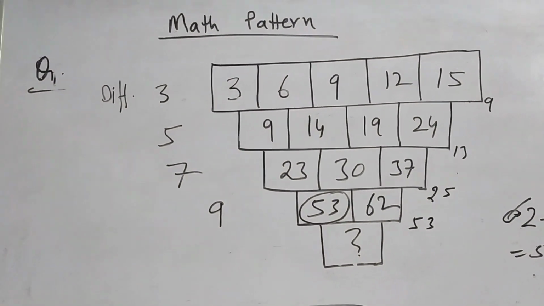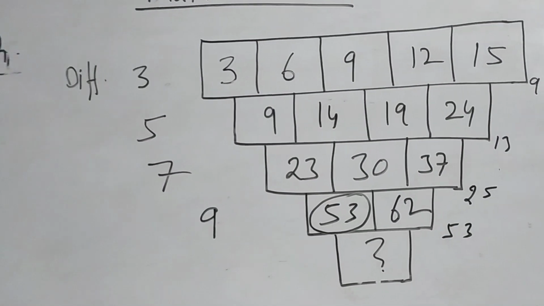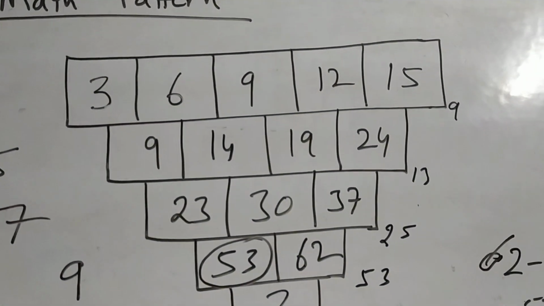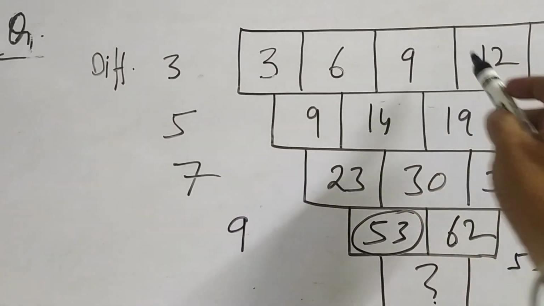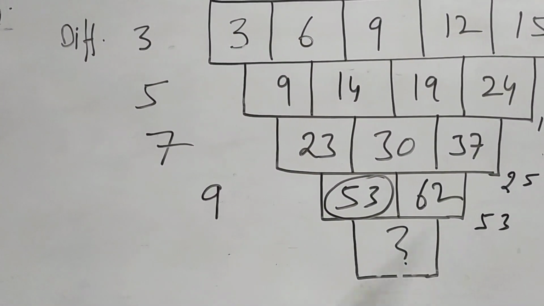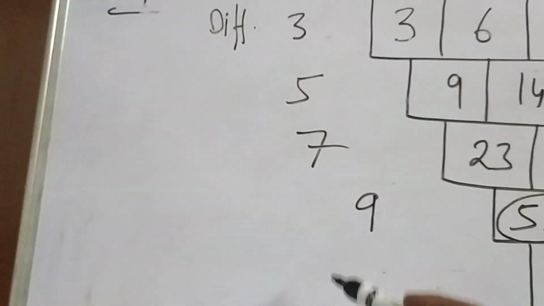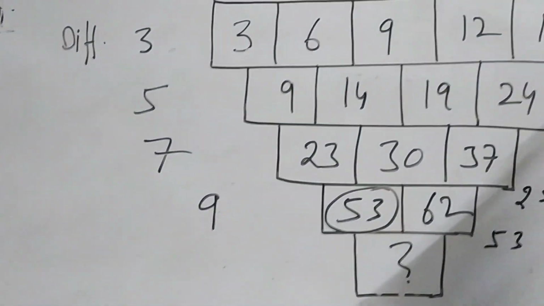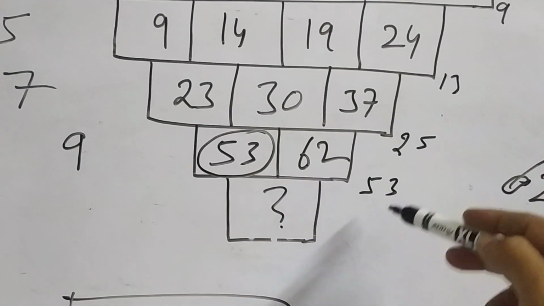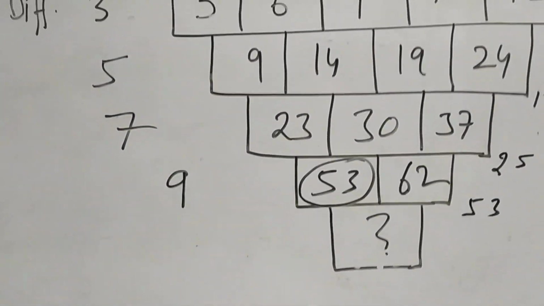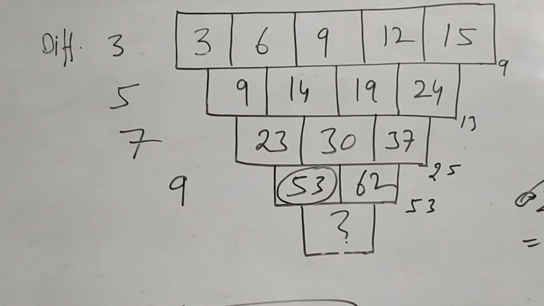Then only you can say this is correct. You can make many types of questions in this pattern. You can increase the number of blocks here, and this pattern may change. You can make any pattern or any series or any formula here. It is up to you.